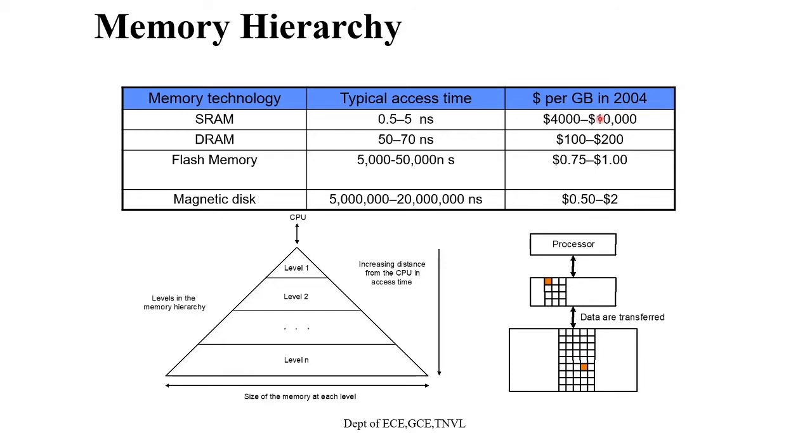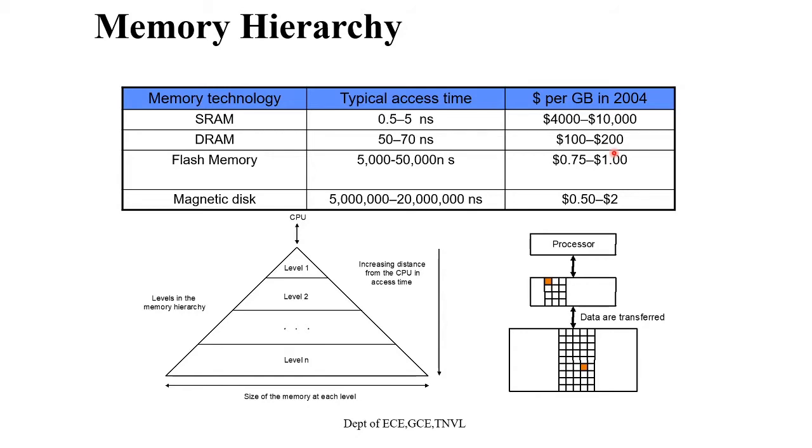gigabyte in 2004. Here you see that DRAM is slower, but the cost is very low because it occupies very little area per bit in the memory, so a large number of bits can be held in a single area of silicon.